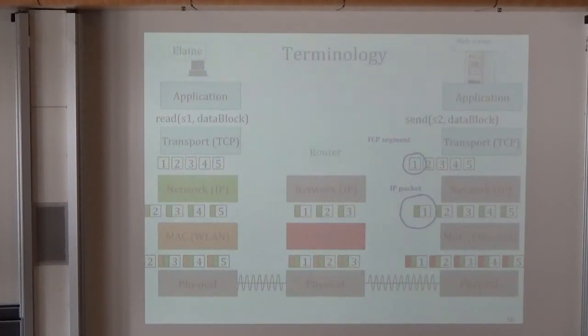Question? If we had several routers along the way, between those routers, would there also be a MAC header on the connection? If there are several routers, then the routers have to communicate with each other. If they are connected by Ethernet cable or by Wi-Fi, yes, there will be a MAC header.